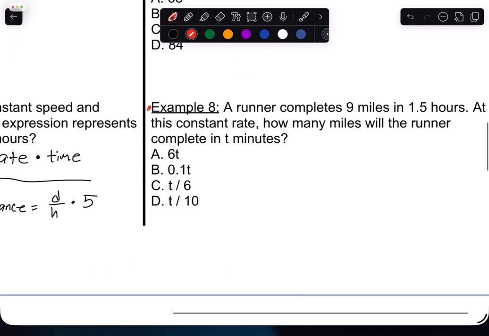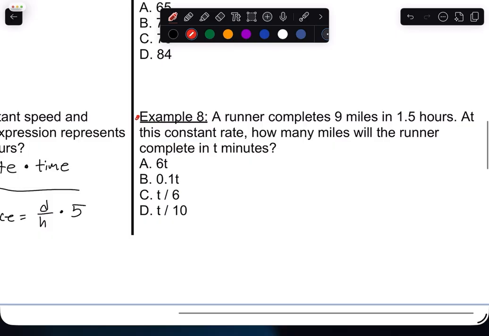All right, number 8. Last question for this video. A runner is completing 9 miles in 1.5 hours. At this constant rate, how many miles would the runner run in T amount of minutes? Couple different things. I see different units. Hours, but they want it in minutes. So 1.5 hours.